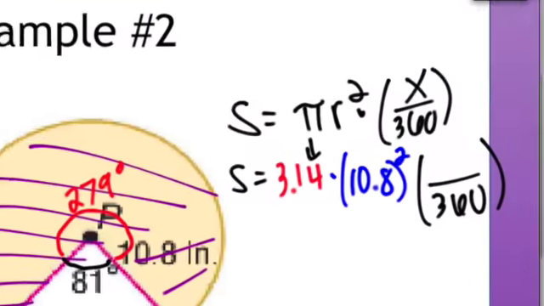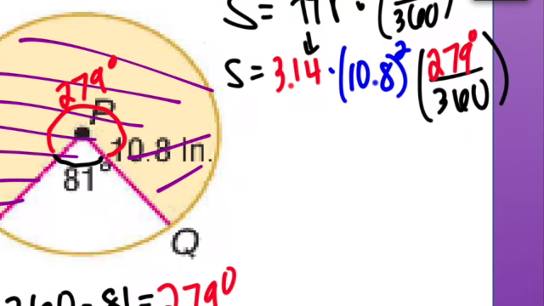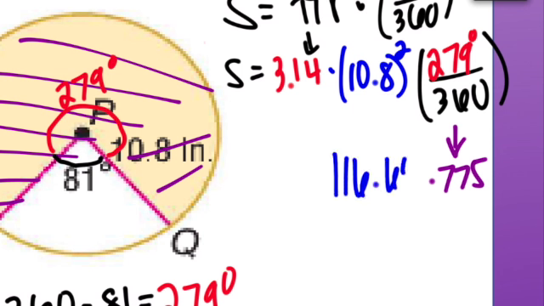So that's my x. Whoops, my x is 279 degrees. So let's calculate this. 279 divided by 360 is 0.775. 10.8 squared is 116.64.